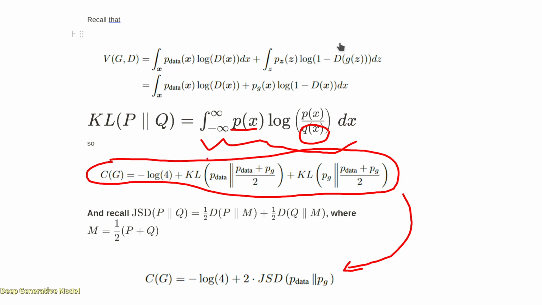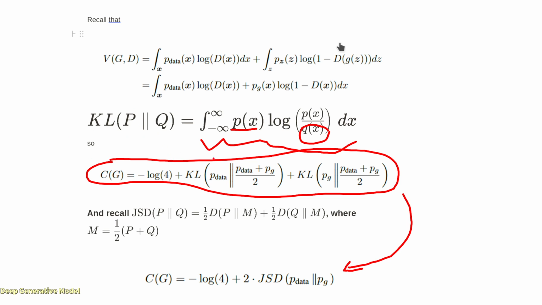For the first one, the symmetric property, because we are measuring distance, we usually wish the distance from A to B and from B to A to be the same. One way to do that is to compute KL(P||Q) and KL(Q||P) and take the average of them, so we compute KL(P||Q) plus KL(Q||P) and divide by 2.